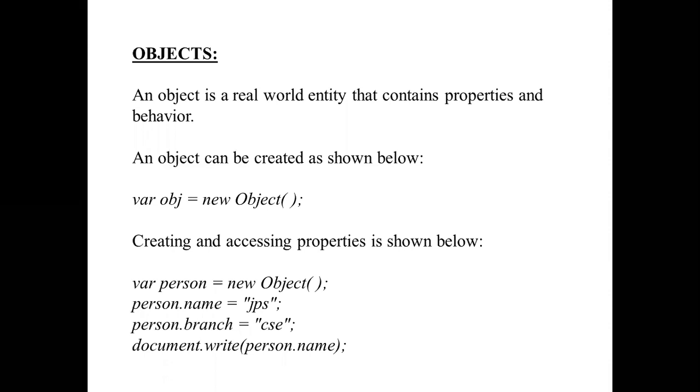An object is a real world entity that contains properties and behavior. Properties are implemented as identifiers, and behavior is implemented using a set of methods. In JavaScript, the new operator is used to create a blank object.